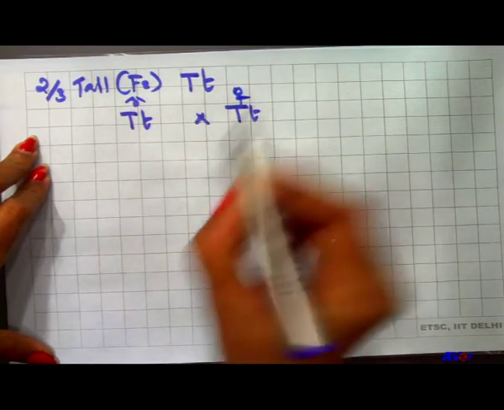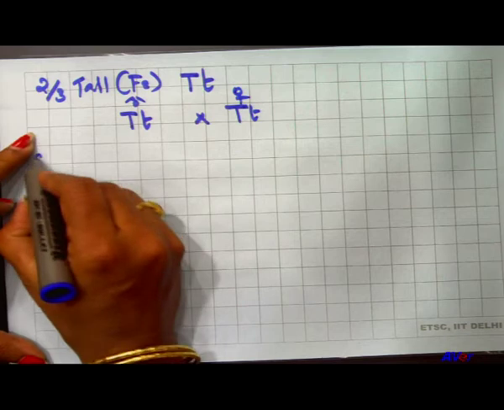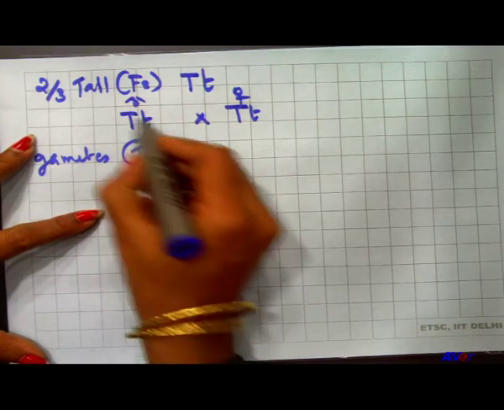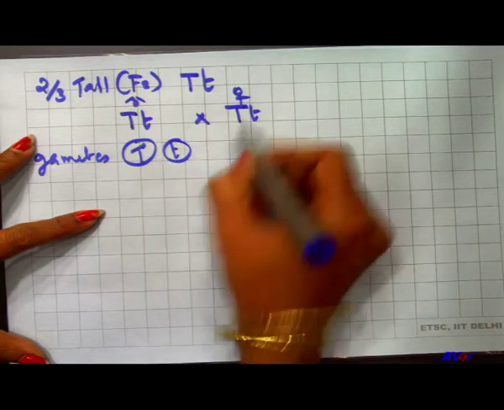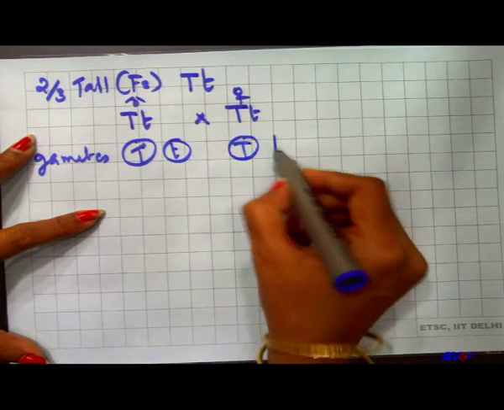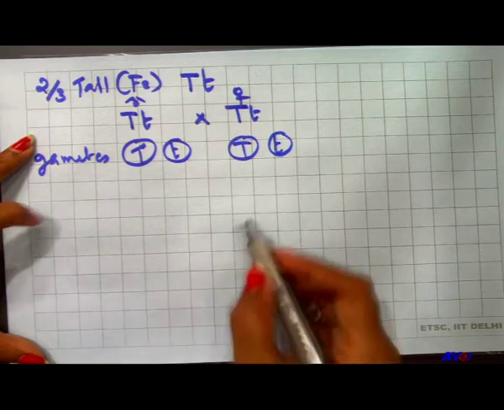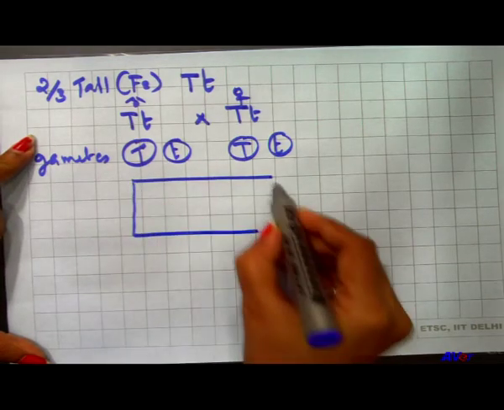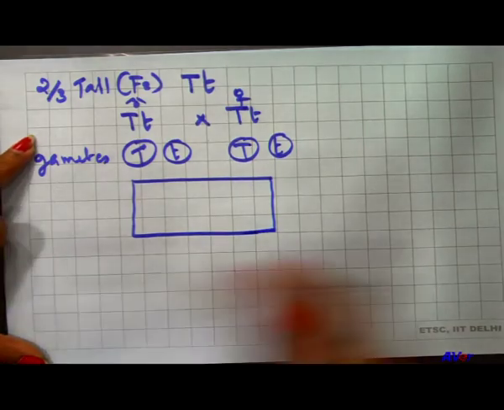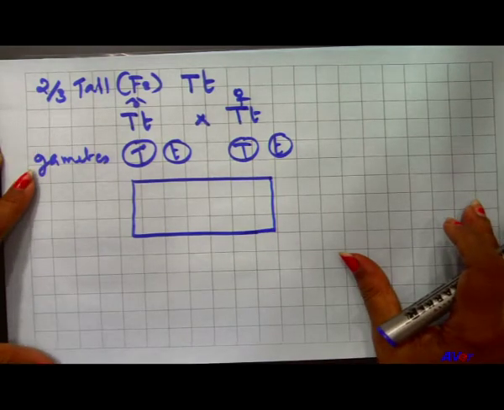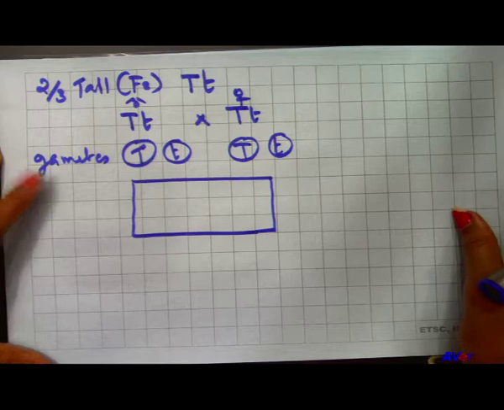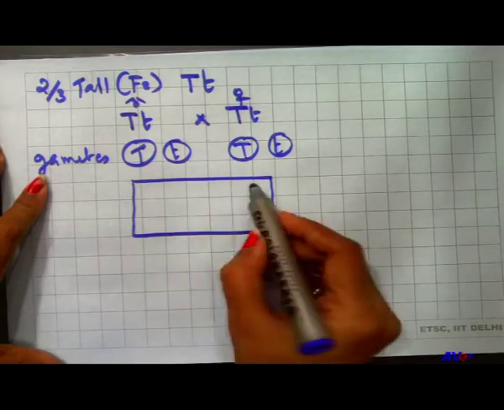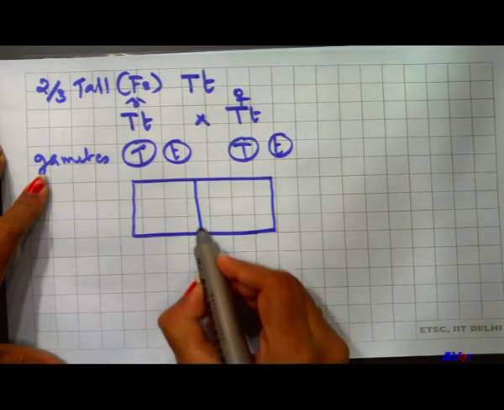Like this, the gametes capital T, this will also separate. Now its union again. Why we are using this checkerboard or Punnett square to represent these progenies? Here comes the answer: to avoid the errors and confusions in writing the genotype.